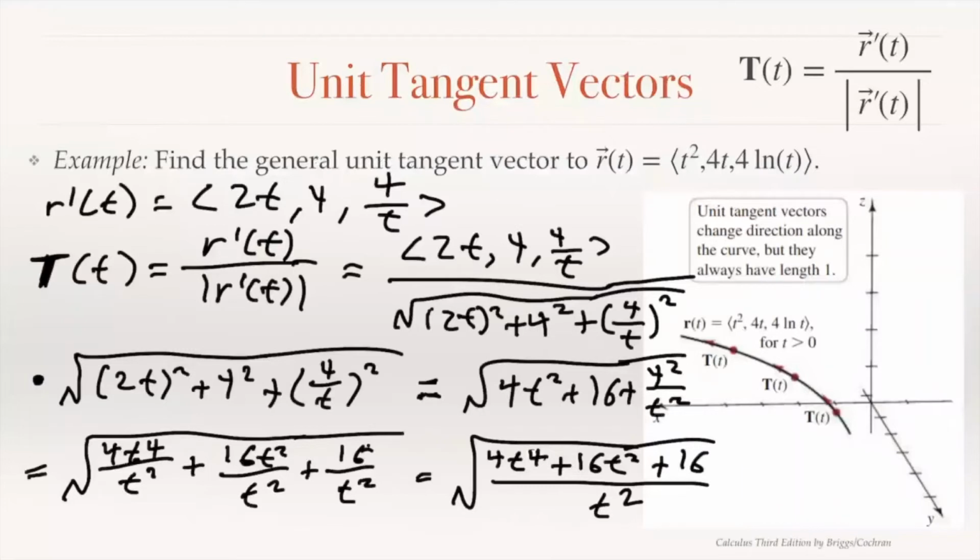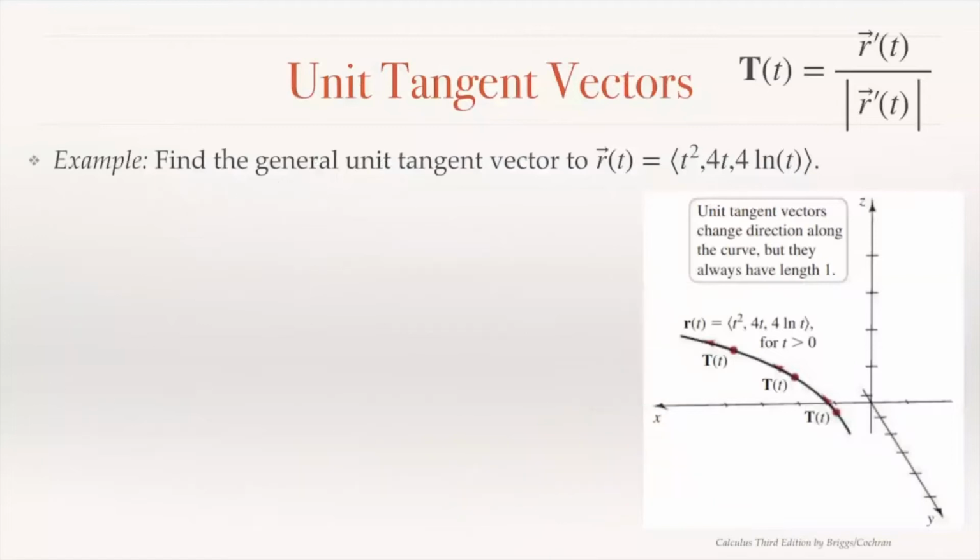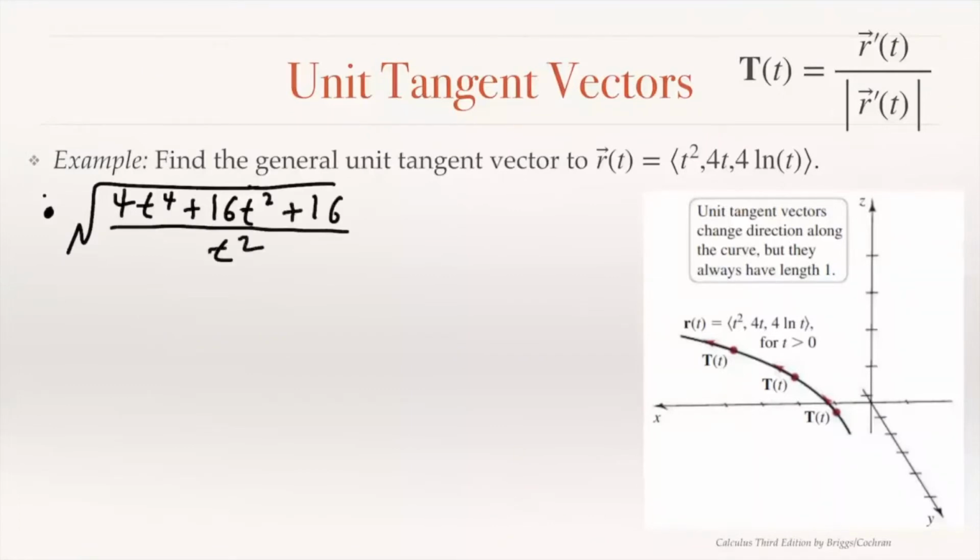So far we had that the denominator was the square root of 4t to the fourth plus 16t squared plus 16 all over t squared.